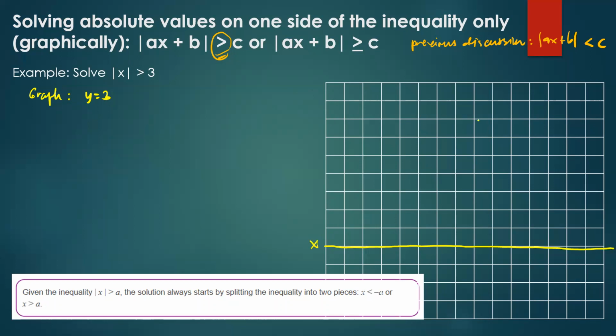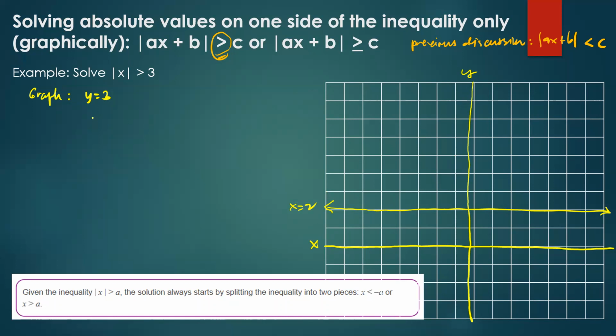So if this is our x-axis, and this is our y-axis, so y is equal to 3 is this line, right?